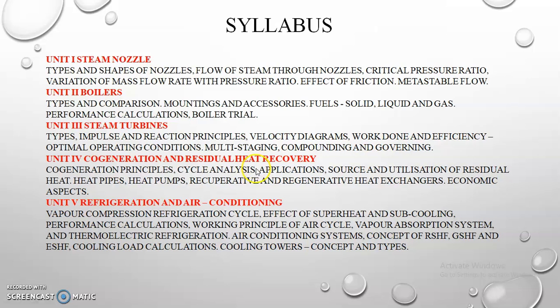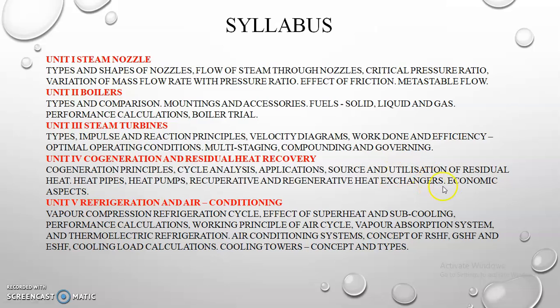From Unit 4 you can study the cogeneration and waste heat recovery system. From the cogeneration system, from the thermal power plant, we use the flue gases for useful application, and also from the gas power plant we use the flue gases for useful application, based upon the cycle, bottoming cycle or topping cycle, and the waste heat recovery system from the recuperator, and different types of heat exchangers are used from that application point of view.